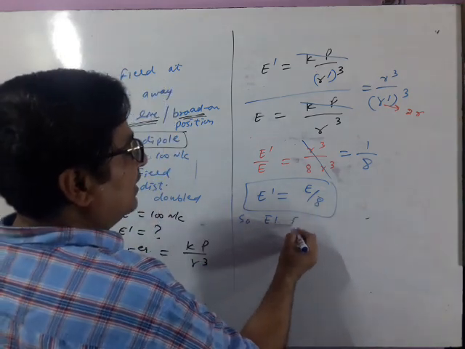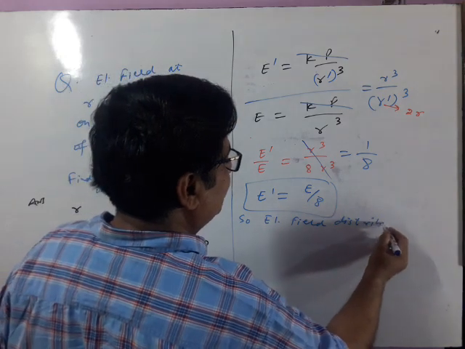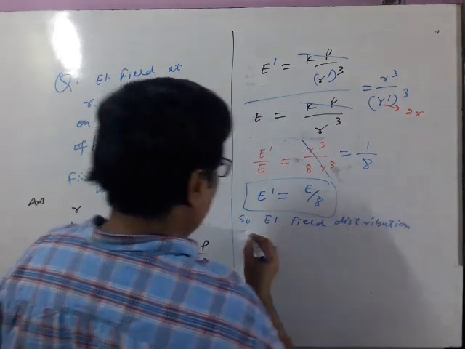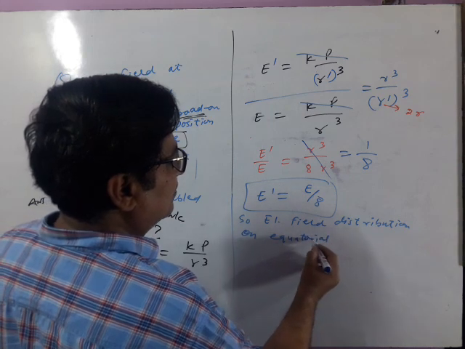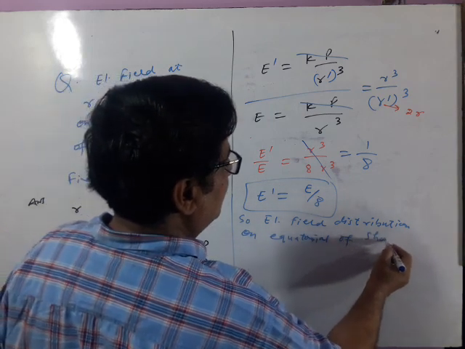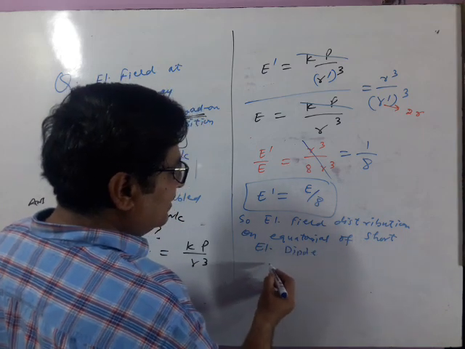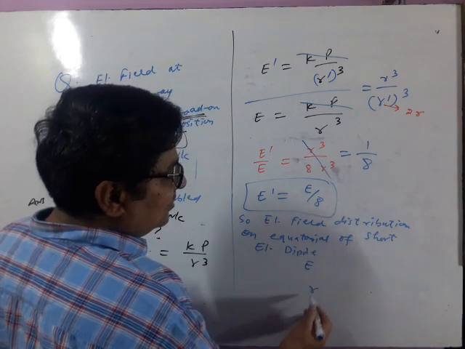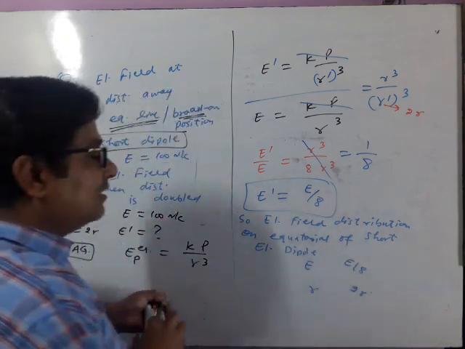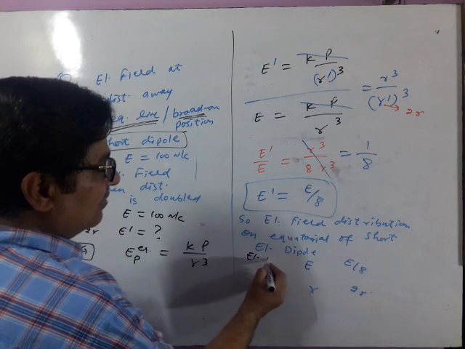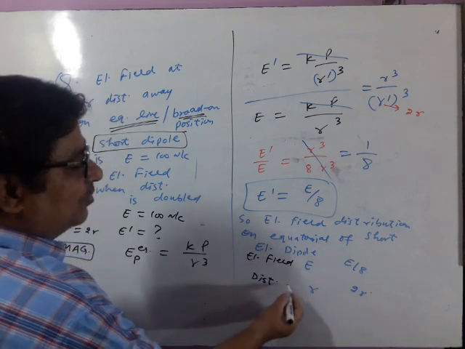So the electric field distribution on the equatorial line of a short electric dipole is like this: E at a distance r, E by 8 when the distance is doubled. This is the electric field, this is the distance from the dipole.